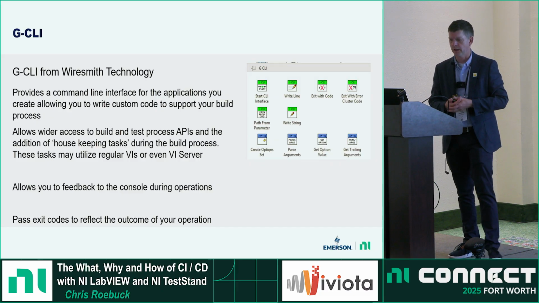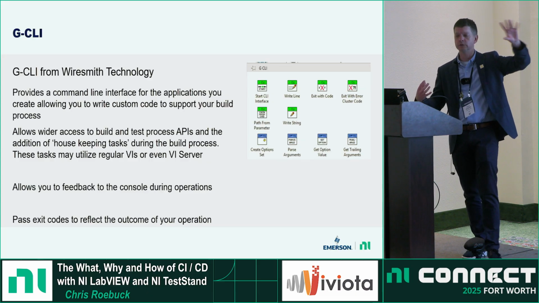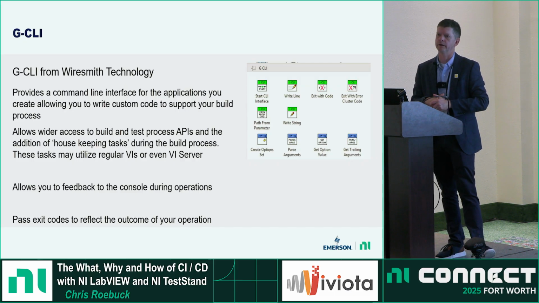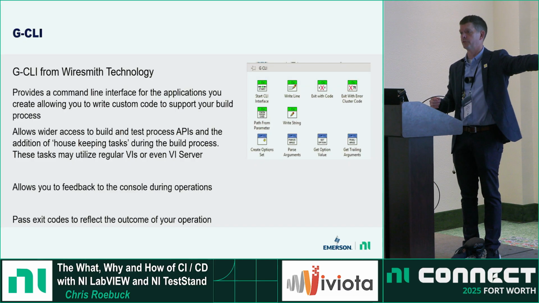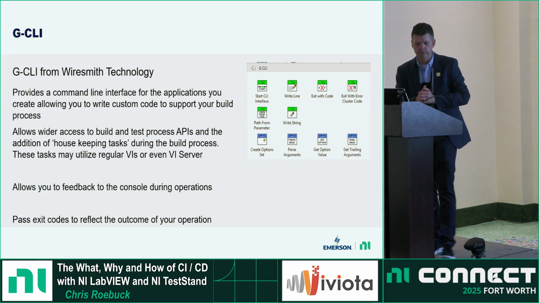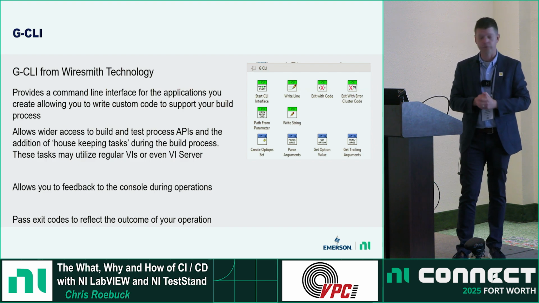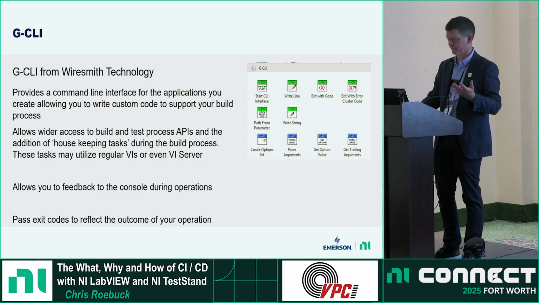They provide a command line interface, and effectively you're going to write code using those functions, build your own code that can accept command line arguments, okay? It allows you to provide feedback to the console during operations so you can see what's going on. You've obviously written the code, but you get to see what feedback is coming back to the console. And again, it can pass exit codes to confirm the outcome of your operation.